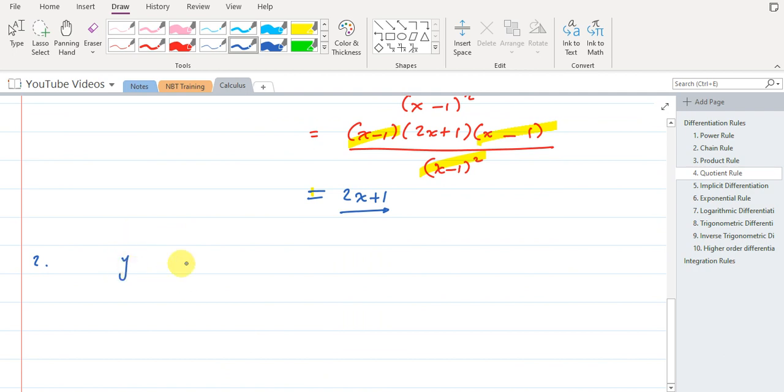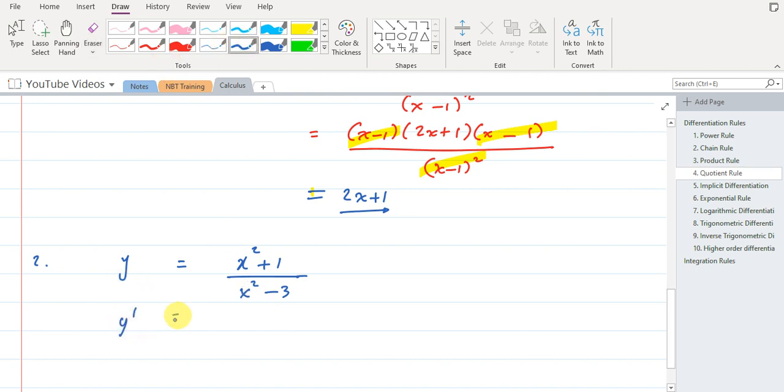I have a function y is equal to, let's take a simple one, x squared plus 1 over x squared minus 3. Now how are you going to factorize this? Right, so obviously the power rule will actually fail here.